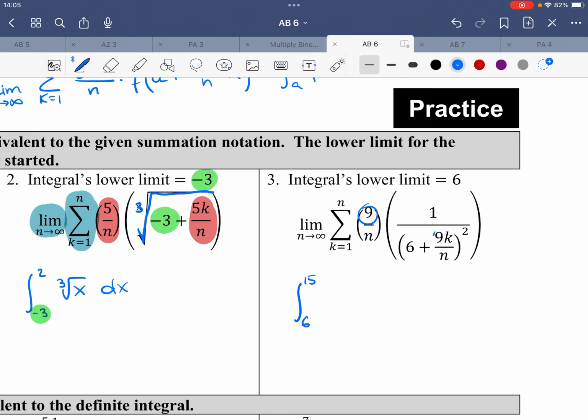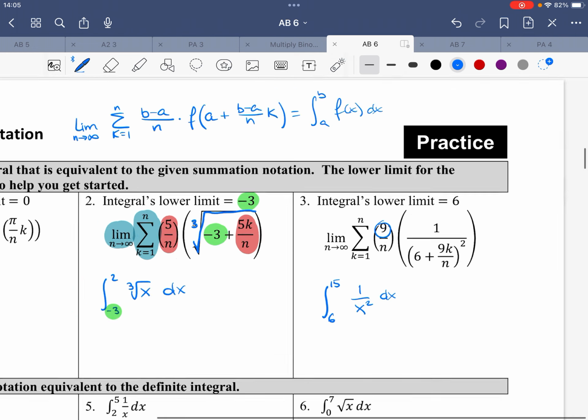And then this is already my b minus a over n, the width of the interval, the number of steps. So this is my a, so all of this goes into my function, and it looks like my function is just 1 over x squared. So 1 over x squared dx.